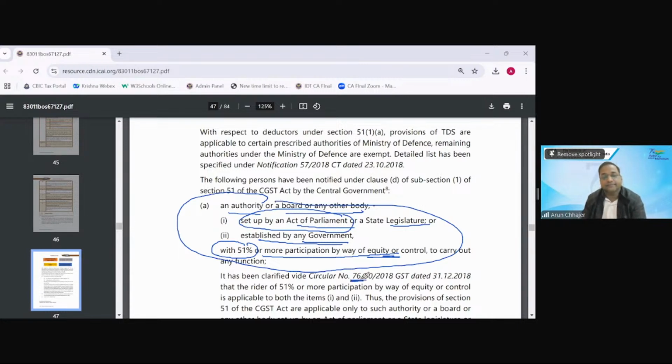Circular 76 has clarified that this 51% applies to both.